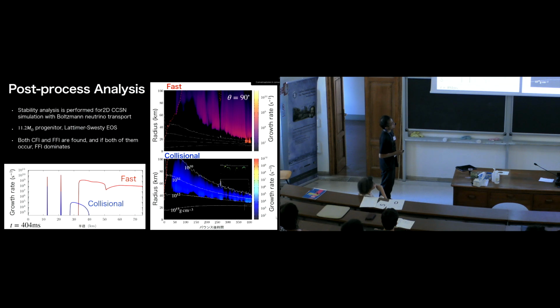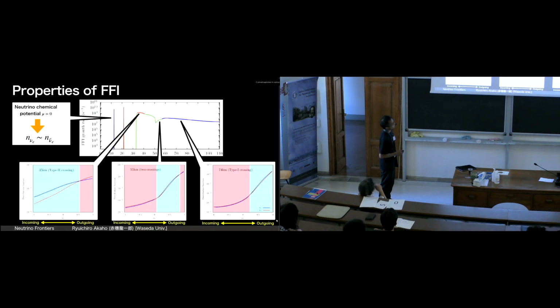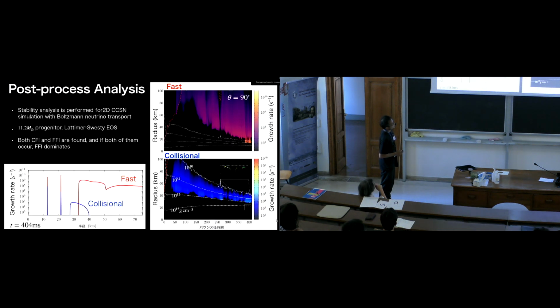And these white lines denote the radius for different densities. And this red dashed line denotes the shock wave. So the collision flavor instability is likely to occur in this density range, where the fast flavor instability is occurring at much larger radii.